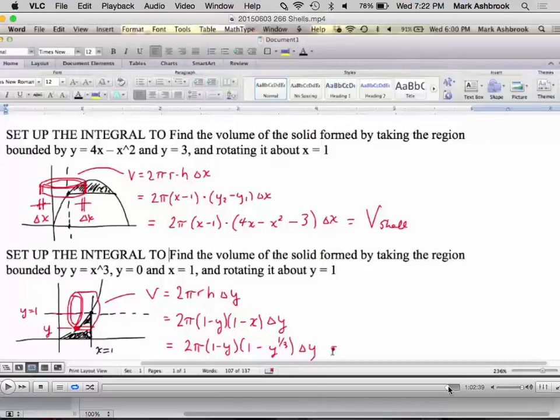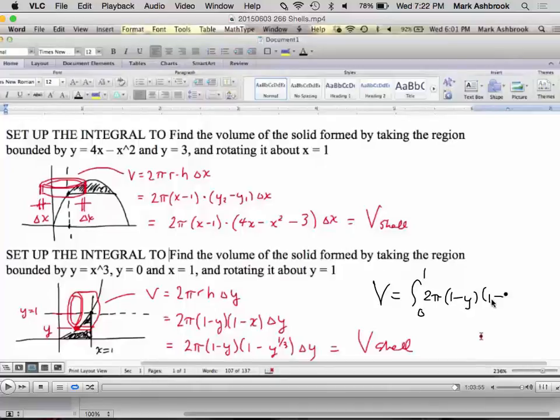And then we're going to go from what to what? 0 to 1. 0 is the biggest shell, 1 is the smallest. I didn't actually set it up, so let's do it. The total volume is the integral from 0 to 1 of 2 pi, 1 minus y, 1 minus cube root of y, dy.